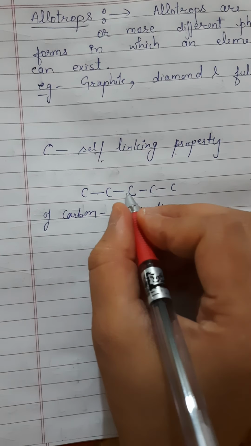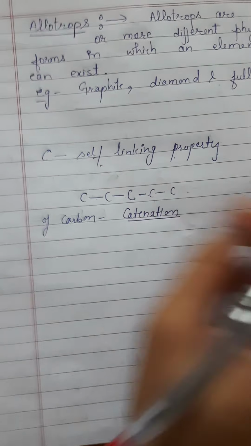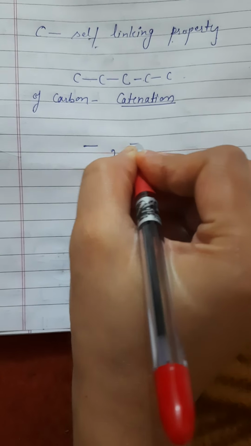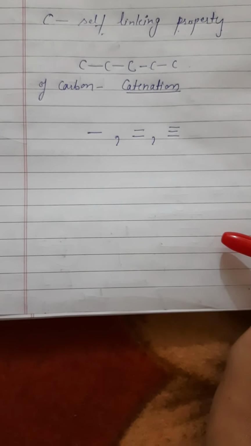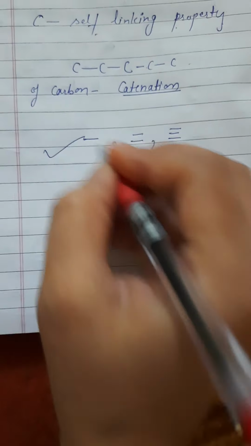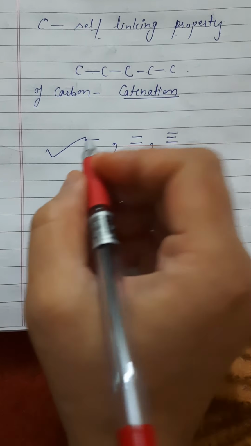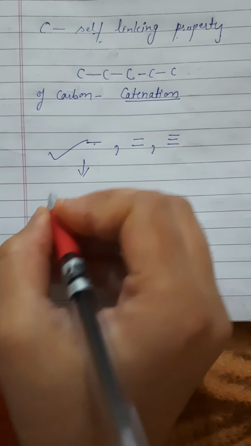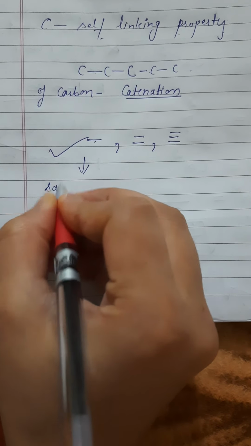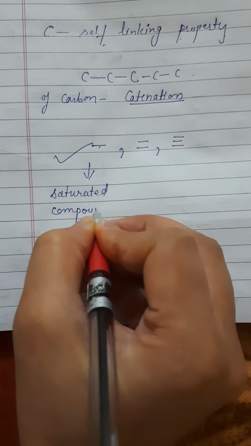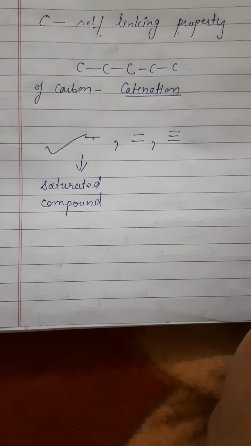Carbons can link with each other by a single bond, double bond, or triple bond. Clear? When all carbons are linked with single bonds, these compounds are known as saturated compounds.